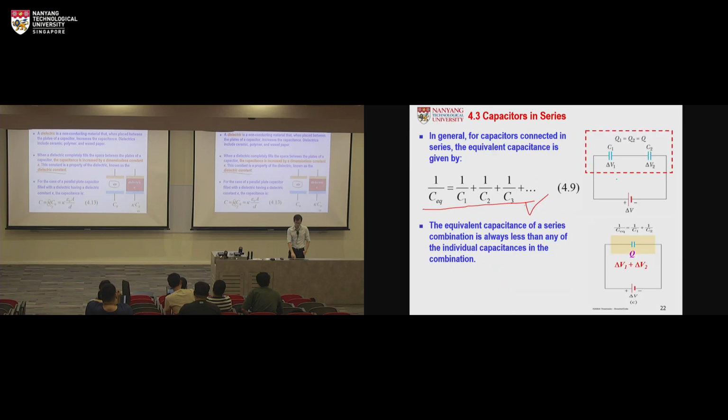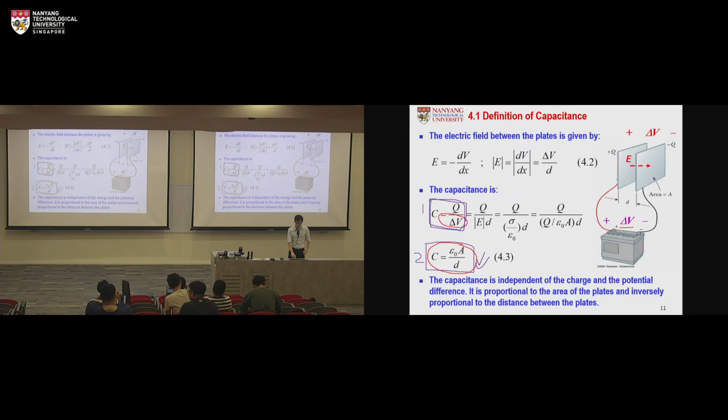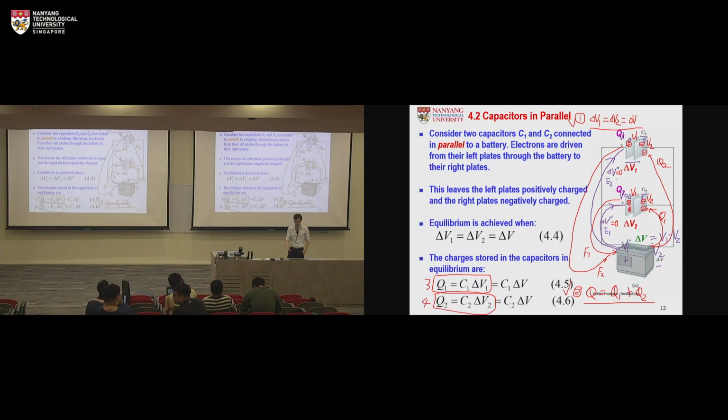No, we can still go back to here. Then you can see how this charge movement happens. For positive charge, on the left side, it is a charge moving from the capacitor to the battery.